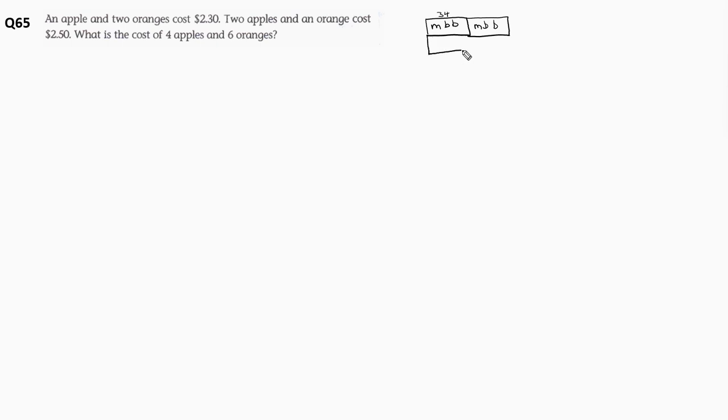We did a group like this, which looks exactly like this one, magazine, book. We had a second group, magazine, book. Okay, so far this is the same as this. This is the same as this.